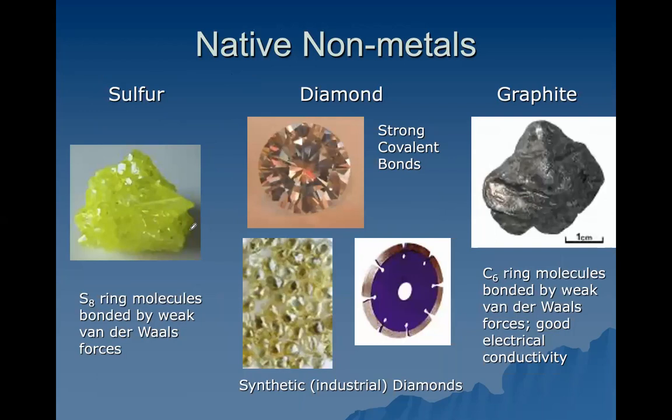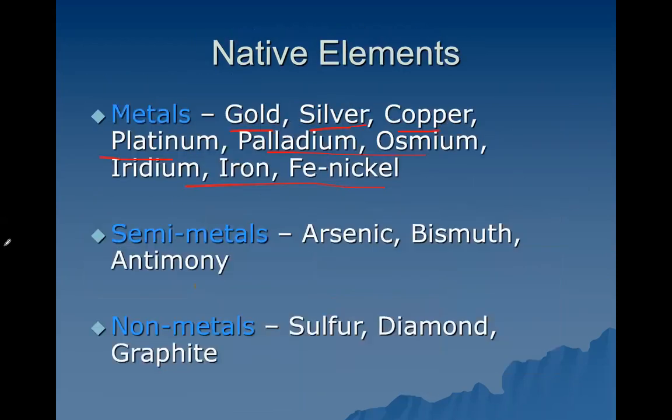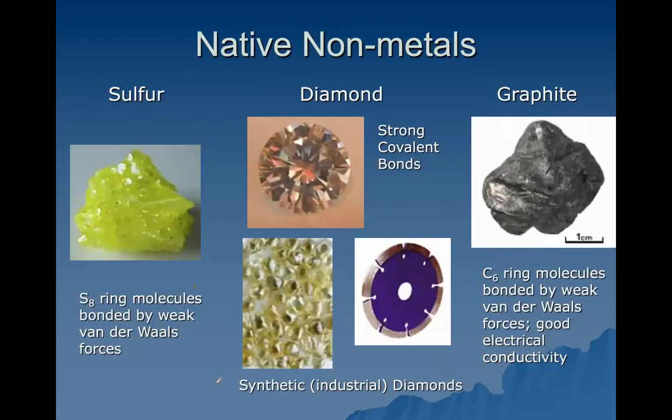Okay, so then what you have is native non-metals, right? So far we considered native metals. Now we have native non-metals. As non-metals, you can consider sulfur, because it occurs as the element itself, and you can find sulfur associated with volcanoes.